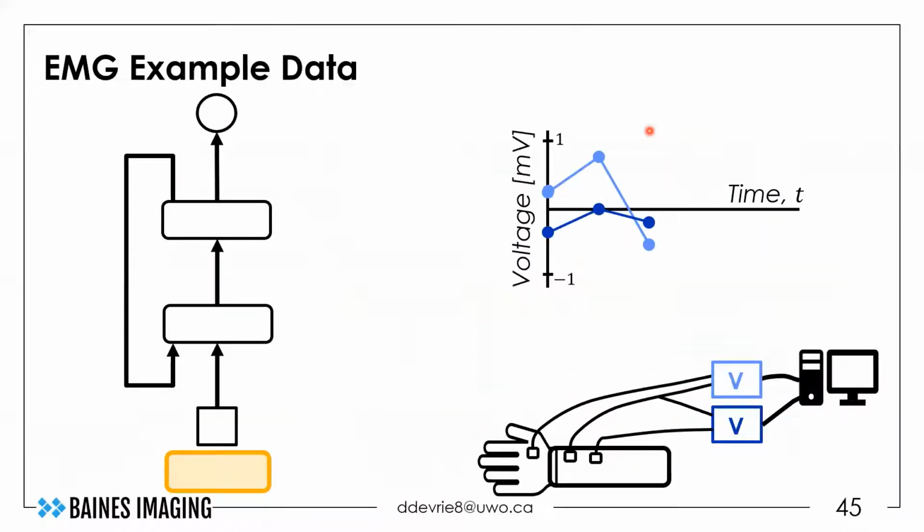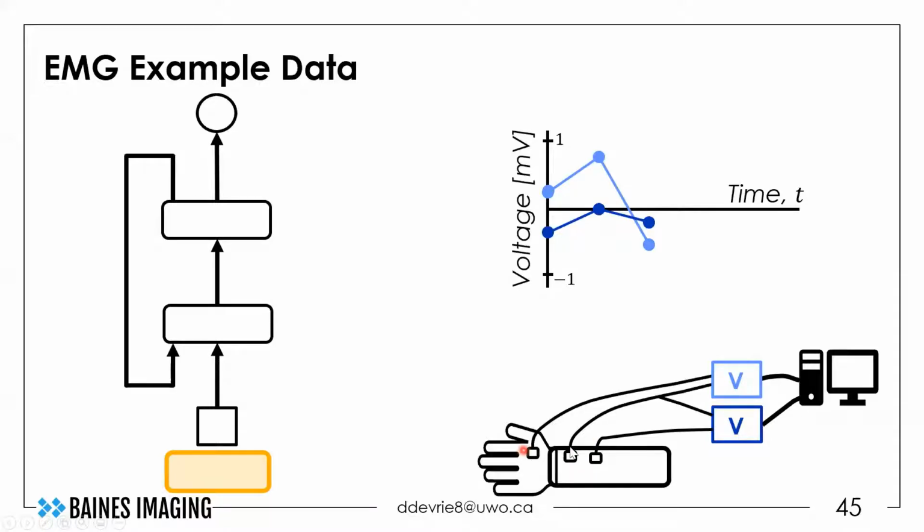So I'm going to use a bit of a different example today. Instead of using this sentence input that we were looking at before, we're going to look at an EMG example. So this idea is basically we have electrodes on somebody's arm, let's say, and we can read.